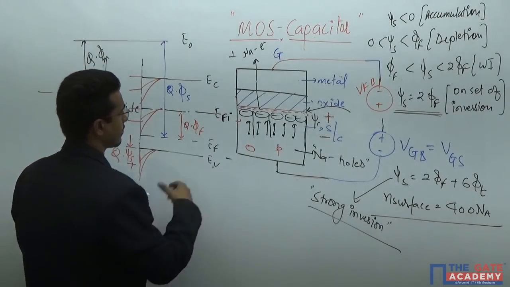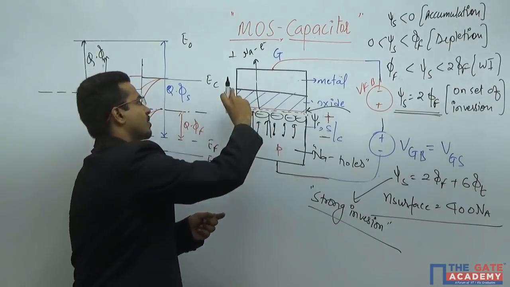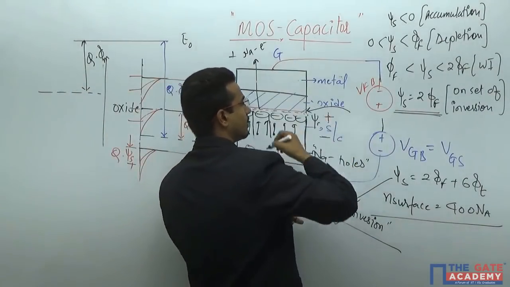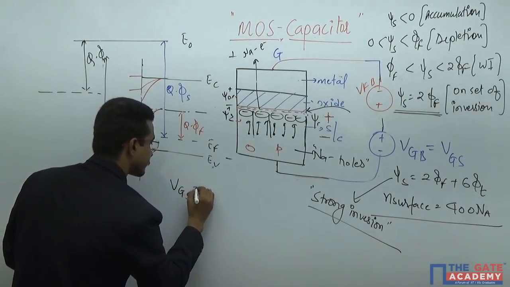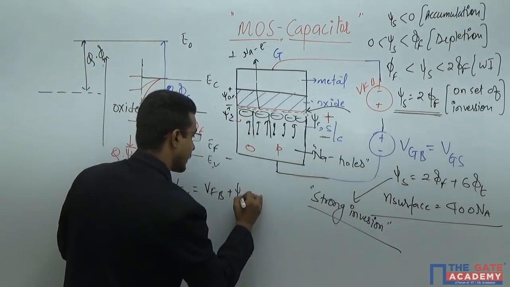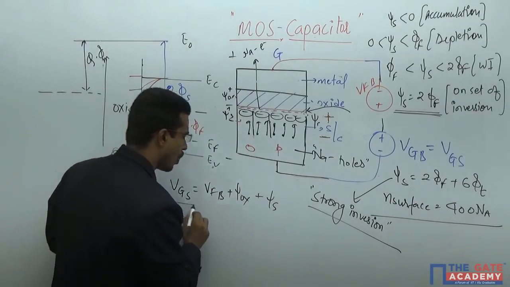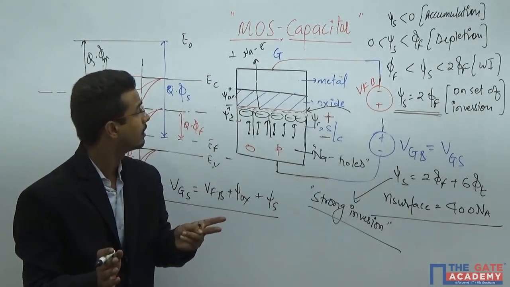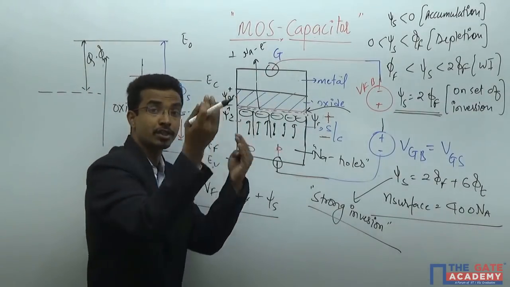Here the voltage across the oxide is psi OX, and the voltage across the semiconductor is psi S. So, writing the total, you will get VGS equals VFB plus psi OX plus psi S. I have taken all the voltage drops, and again I have taken one assumption: there is no potential difference between this contact and this contact. This assumption you have to make.